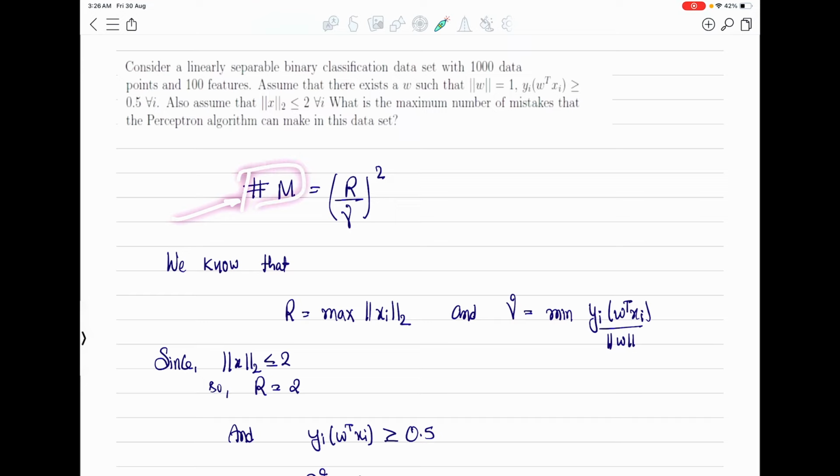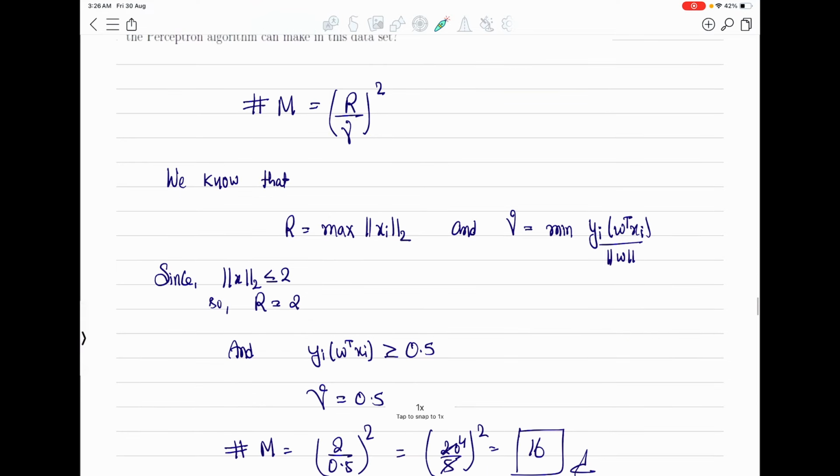If you remember, the number of mistakes is basically r square upon gamma square, that is r upon gamma the whole square. We also know that r is the max of the norm of xi, and gamma is basically the minimum of yi into w transpose xi upon norm of w. We have already been given this. From here we will get r equals to 2, because we want the maximum of this.